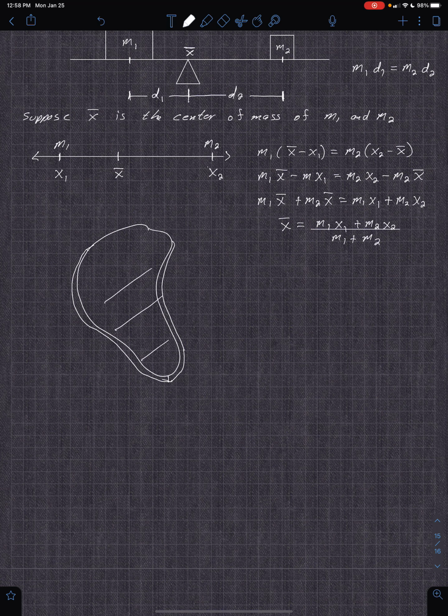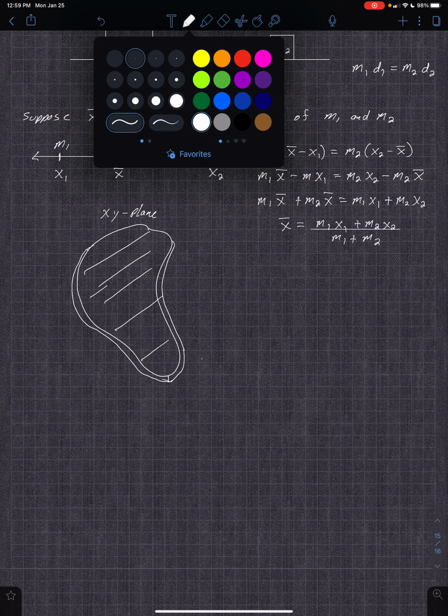This is some region in the xy plane, and the thickness is uniform, so that it's not going to change. So we're looking at what's the balance point of that.